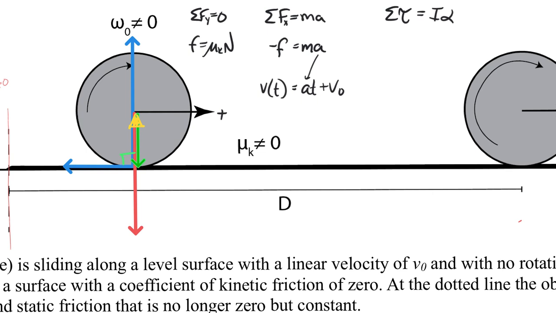So I'm seeing a torque of RF, but I'm going to treat this as a positive torque because it's in the complementary direction of motion, right? It's going to roll it this way.